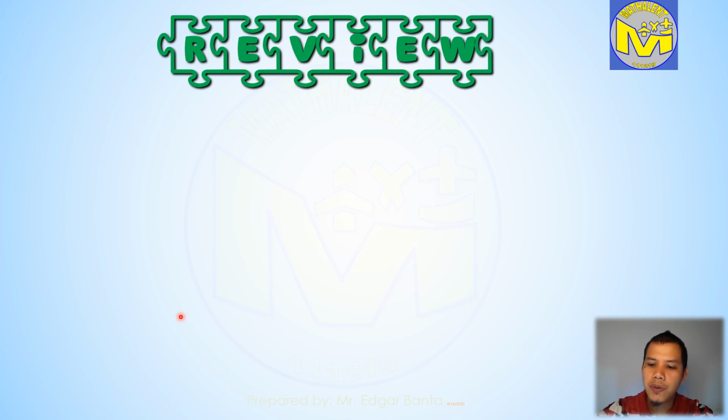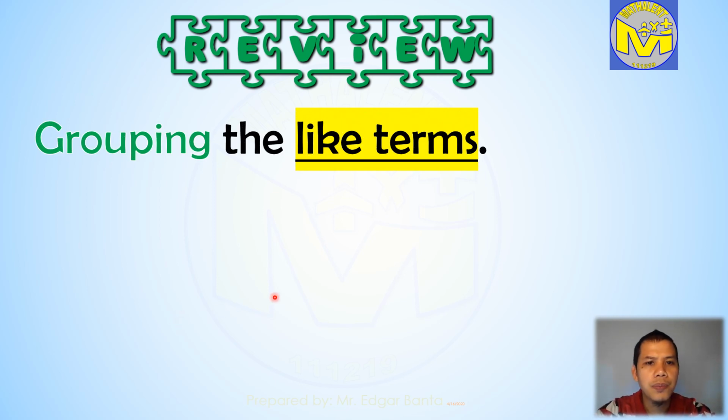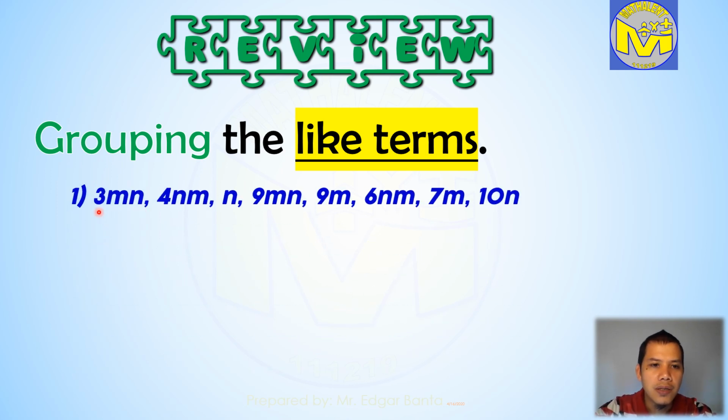Now let's review how to group the like terms. In this case, number 1, we have 1, 2, 3, 4, 5, 6, 7, 8. We have 8 terms. So how many groups can we have in this group of terms? We have the group of m's: 9m, 7m.